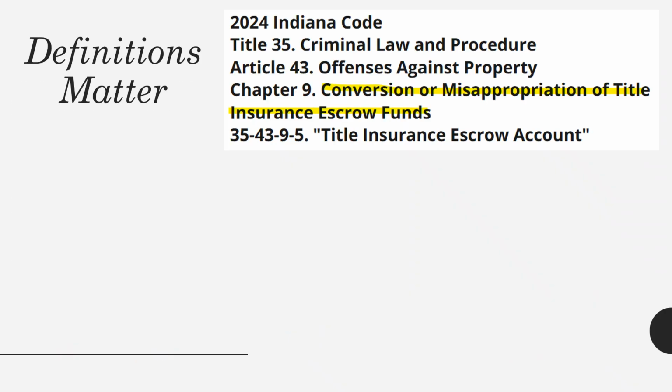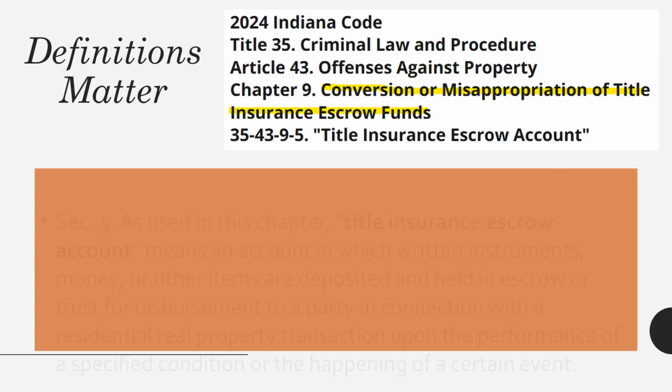Now, definitions are so important. For example, in this case, we see a criminal code from Indiana that is conversion or misappropriation of title insurance escrow funds. Well, I am no expert, so I don't know what a title insurance escrow account is. But the law helps me because it gives me a definition.